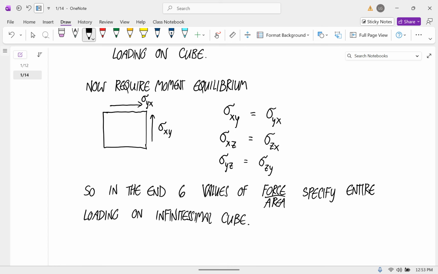In this class, and really in mechanics in general, we do assume that things are in equilibrium. But remember that we're talking about engineering materials in engineering applications where we're worried about this material being damaged.